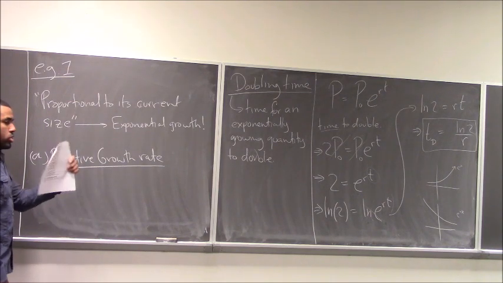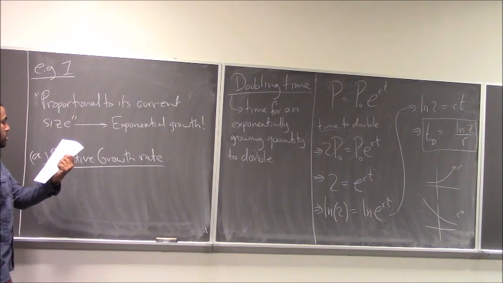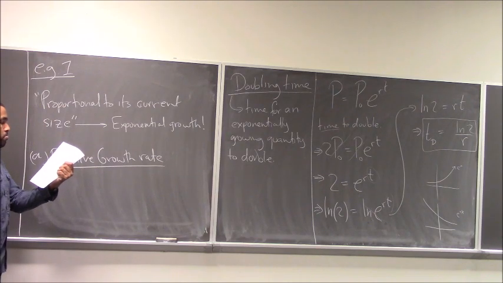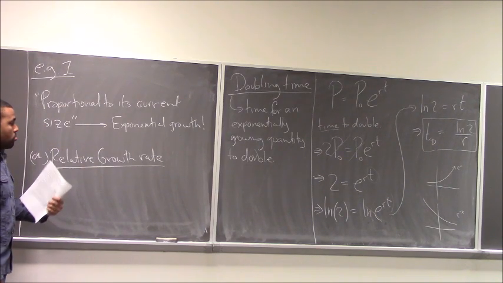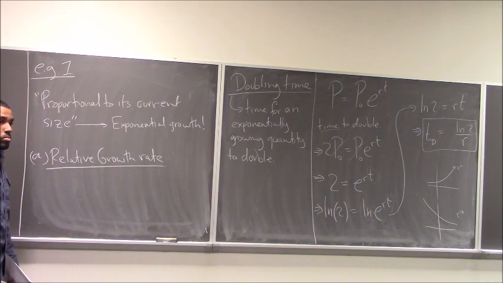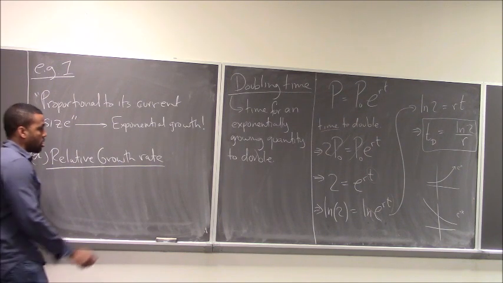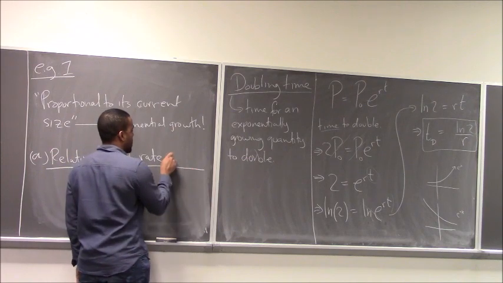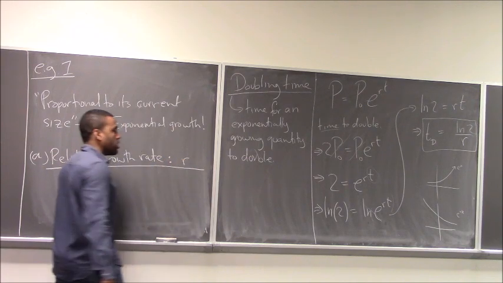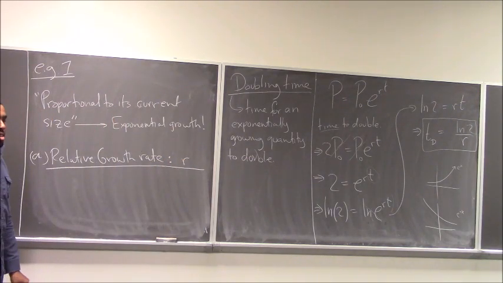Which one of these symbols on the other page? Is it r? It's the little r. So when the question asks for relative growth rate, they're asking, what is the little r? Okay, so now I know that we are after the little r.